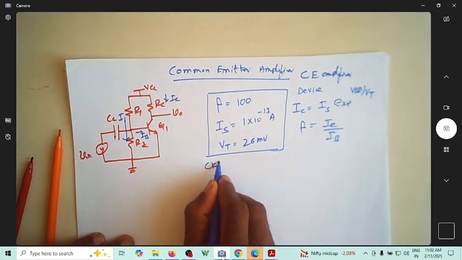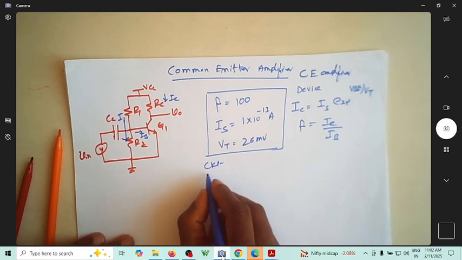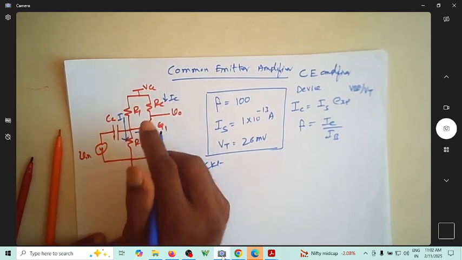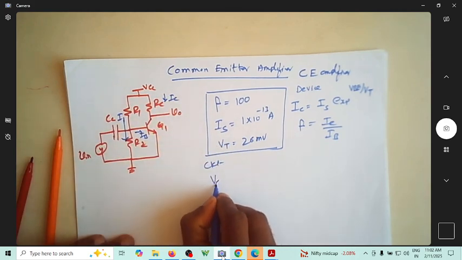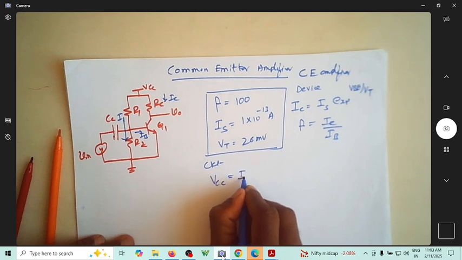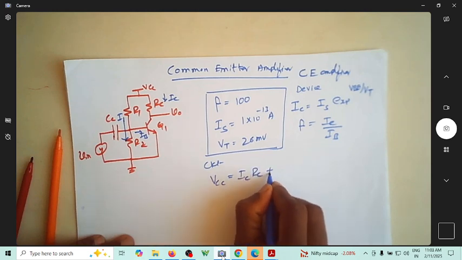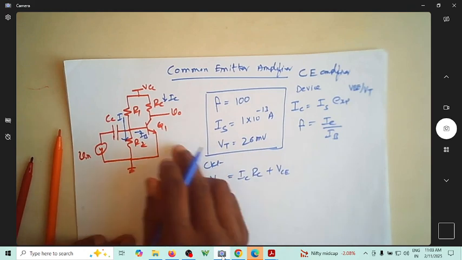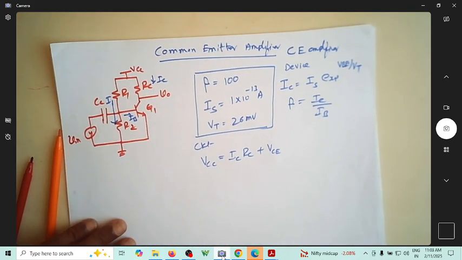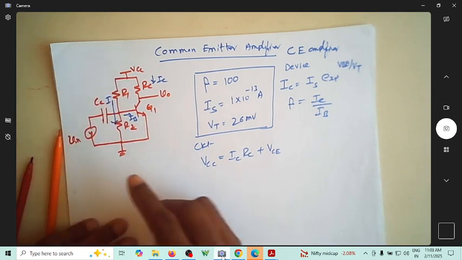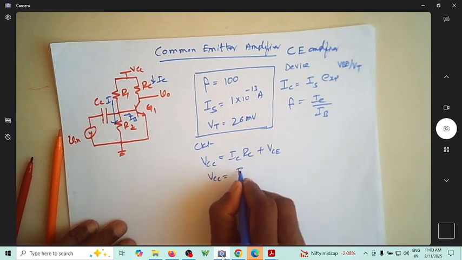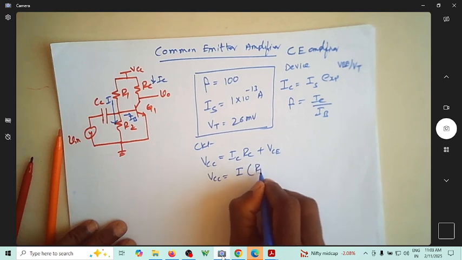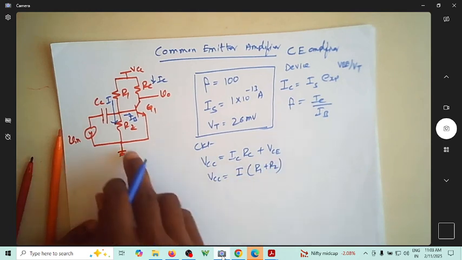For the circuit, expressions are, if you write the KVL for this outer loop, VCC is equal to IC into RC plus VCE. So this is VCE we are talking about. And on this side you can write VCC is equal to I1 into R1 plus R2, this entire thing.